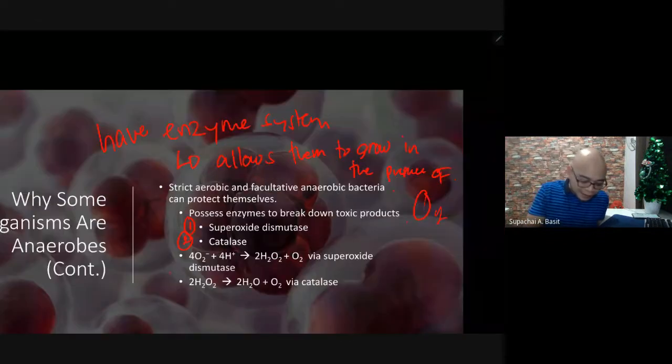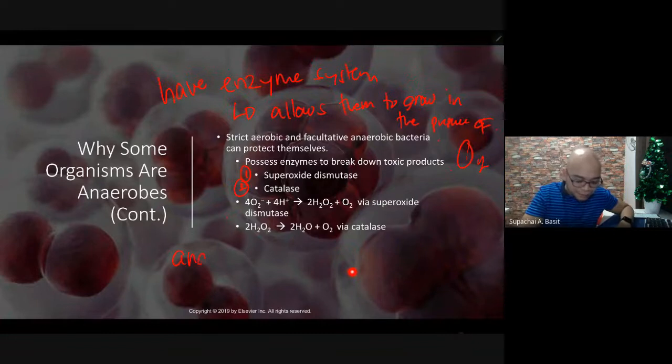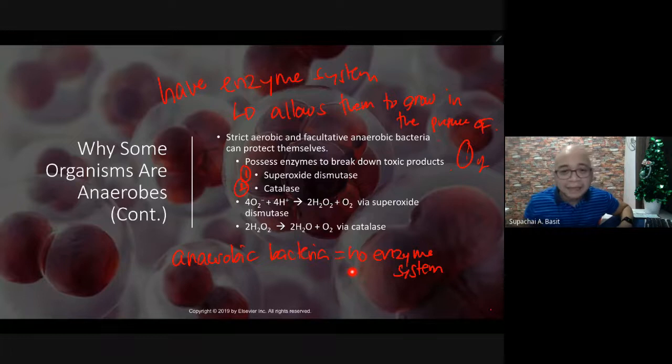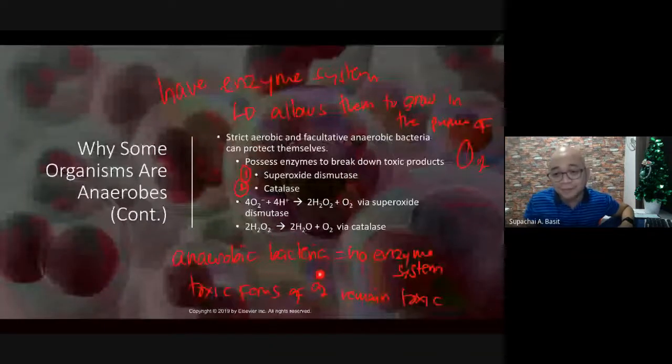So, anaerobic bacteria have no enzyme system. And since they do not have an enzyme system, the toxic forms of oxygen remain toxic for them.